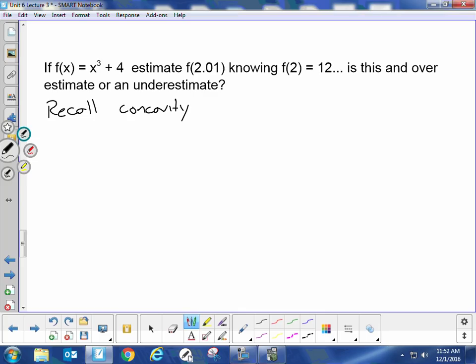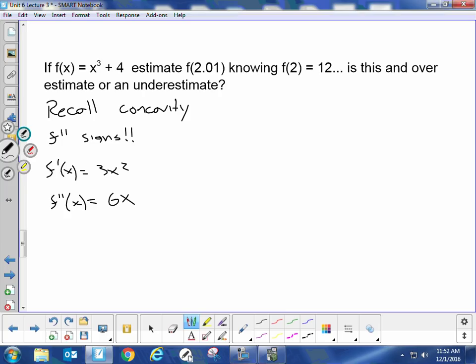Second derivative. The signs of my second derivative will determine the concavity of my original function. So my first derivative, which I will need anyways, is 3x squared. My second derivative is 6x.